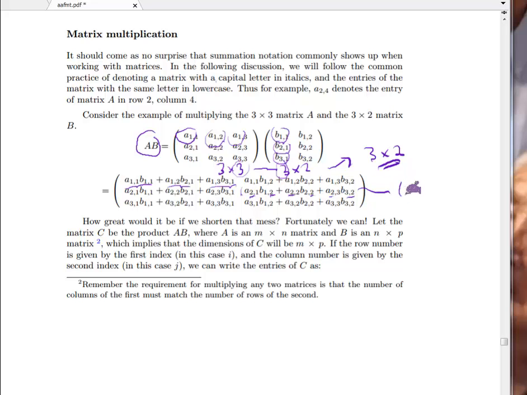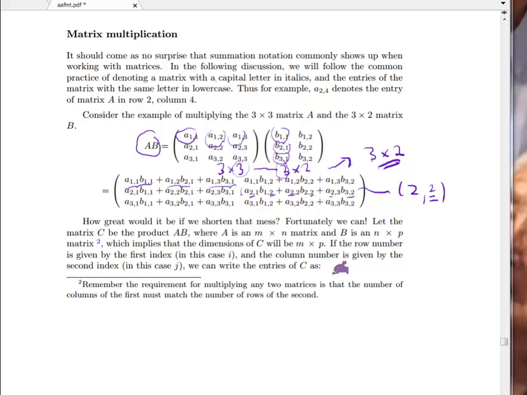This is the 2, 2 entry. So you see the first index on the A determines the row index of the location in the final product, and the last index of B determines the column index of the location in the product.